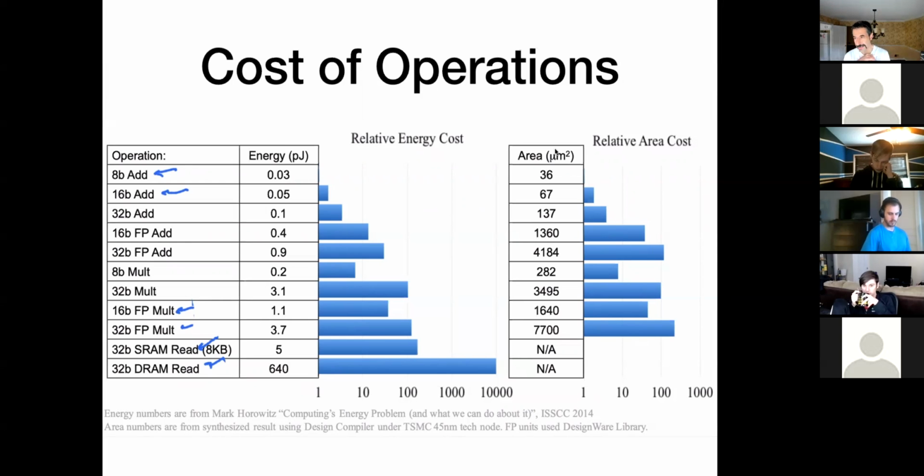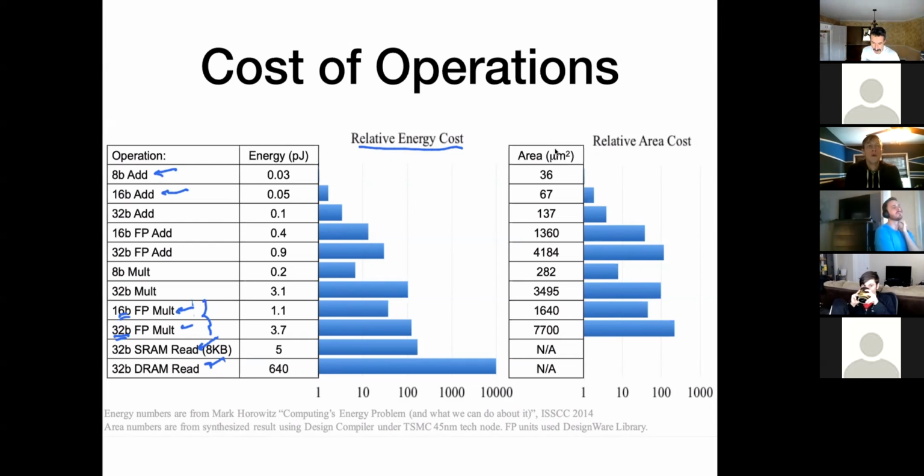Your computer, for any sort of calculation, including neural networks. And you see the interesting point: these numbers, the relative energy costs, are very interesting. So some observations that you can see here. If you focus only on these two, this is 32-bit floating point multiplication and 16-bit floating point multiplication.